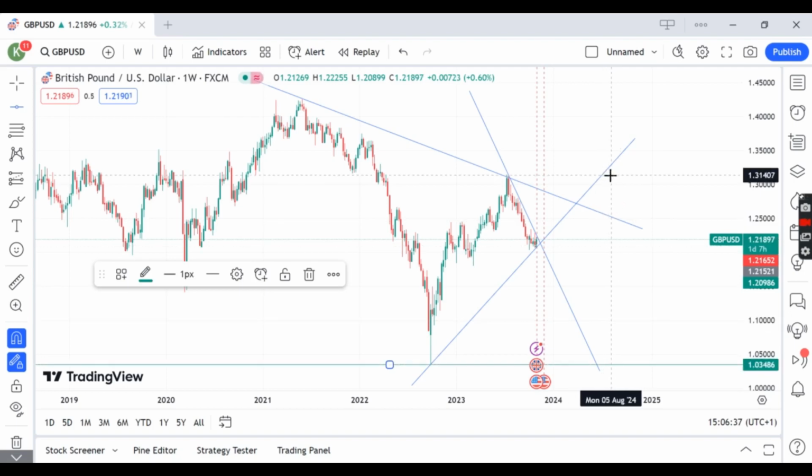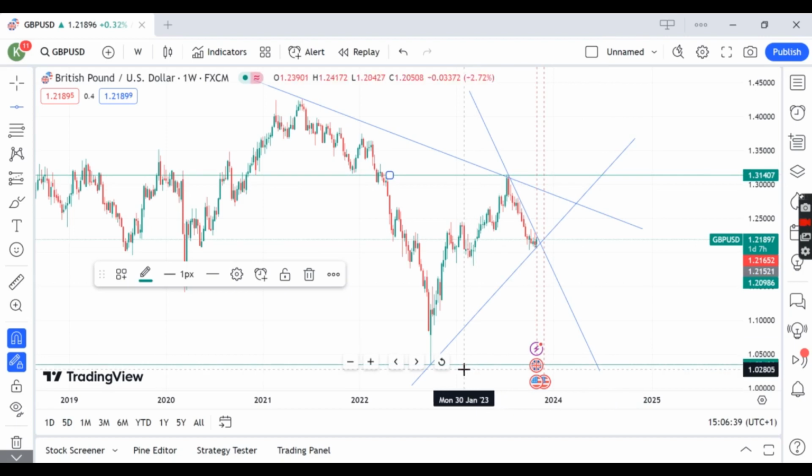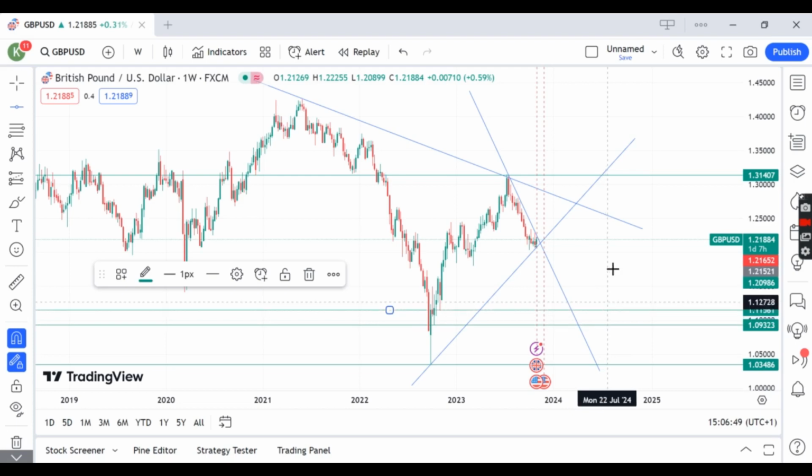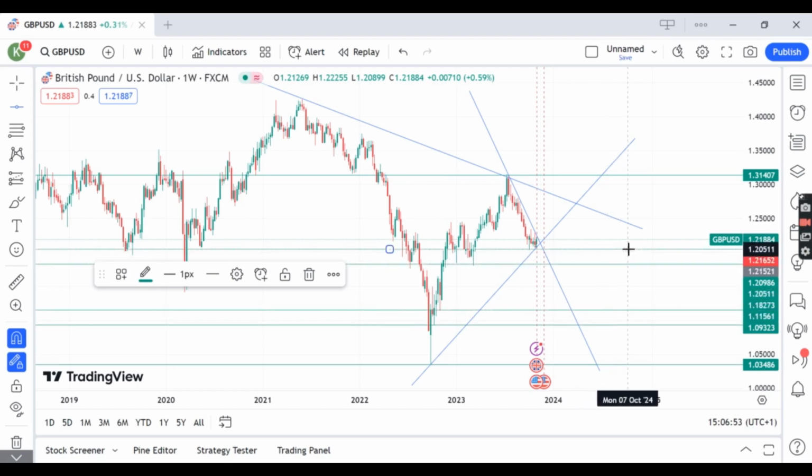For instance, this is a price action, this is another price action. If you look very well, there's an action here, there's an action here. So you're asking me, what are these actions? These are rejections of price at different levels.